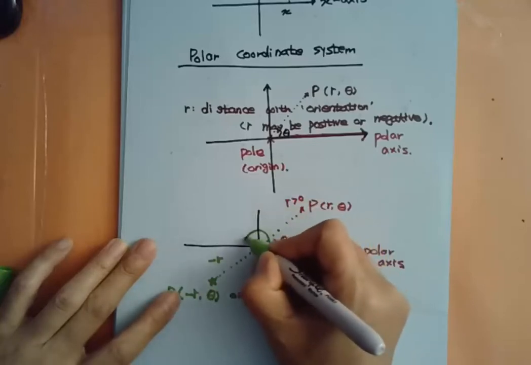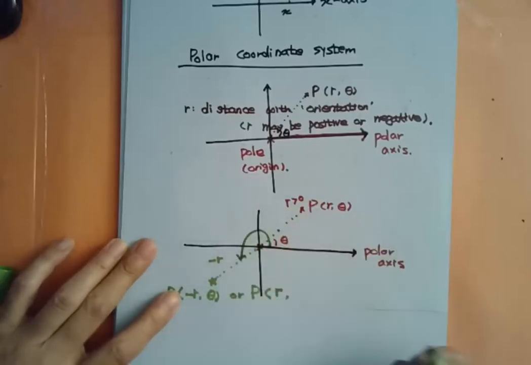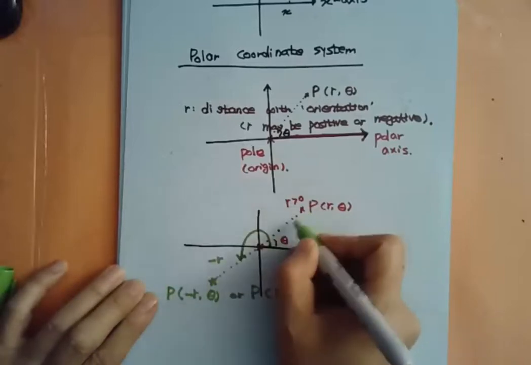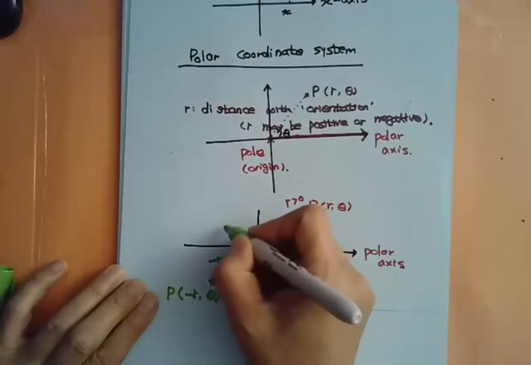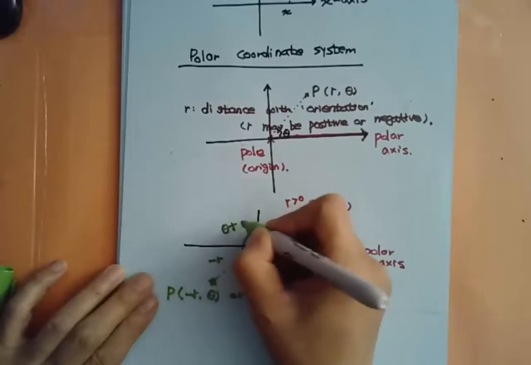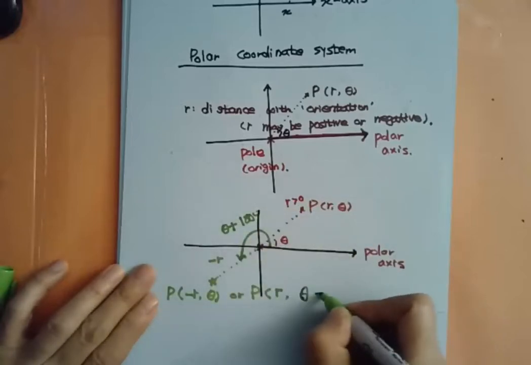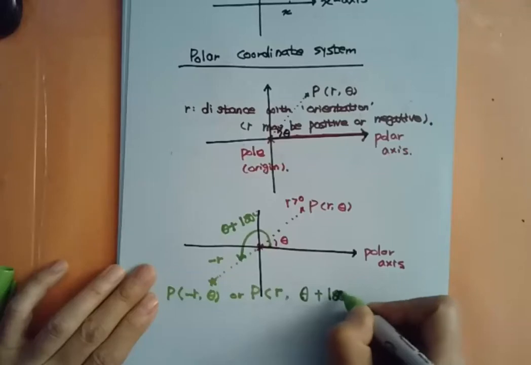So we have to write this angle. This angle is a flat angle, so we can describe that as theta plus 180 degrees.